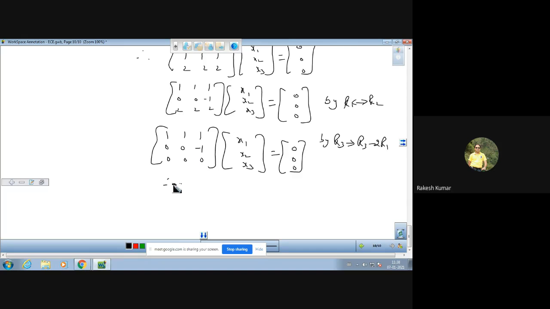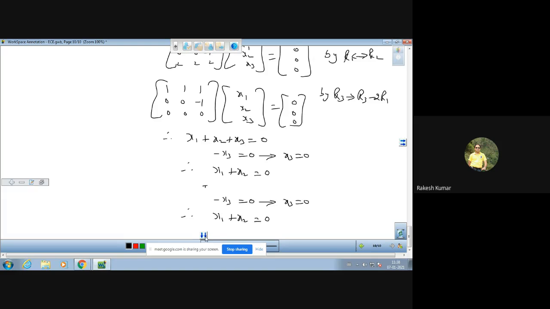Now first equation will be x1 plus x2 plus x3 is equal to 0, and from the second row we can get minus x3 is equal to 0. So यहाँ से तो x3 equal to 0 आ जाता है. Use x3 0 here, so you will get x1 plus x2 is equal to 0. So it can be written x1 is equal to minus x2.